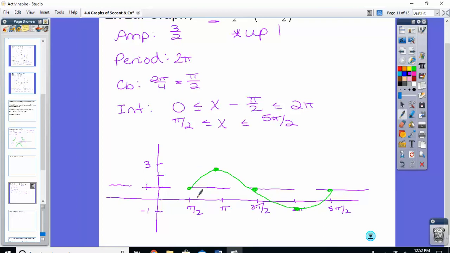Cosecant: everywhere this is 0, which in this case the 0 is on my dashed line, we put an asymptote. Then these high and low points will stay, and you're just reflecting your graph. So my final graph there is just those two graphs.